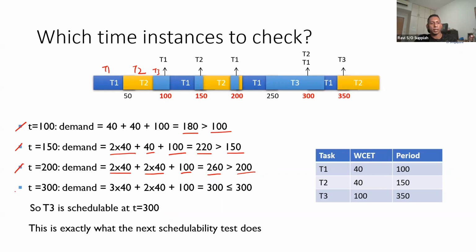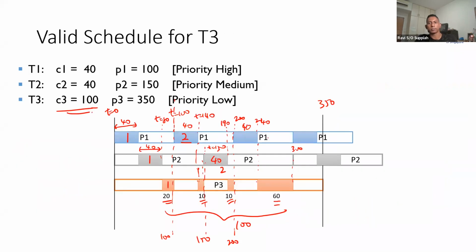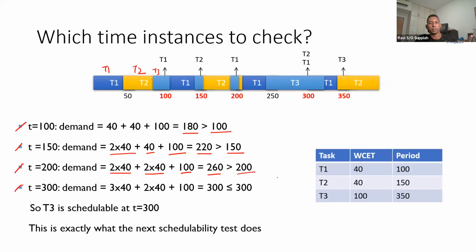Okay, and finally, when I check at 300 over here, you will see that the third instance of task 1 is launched. Task 2 is still only the second instance, and task 3 is still the first instance. So task 1 is 3 instances, task 2 is 2 instances, and task 3 is 1 instance.